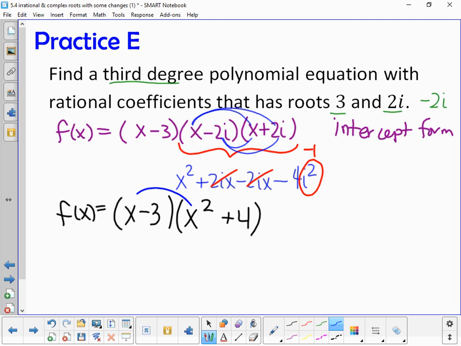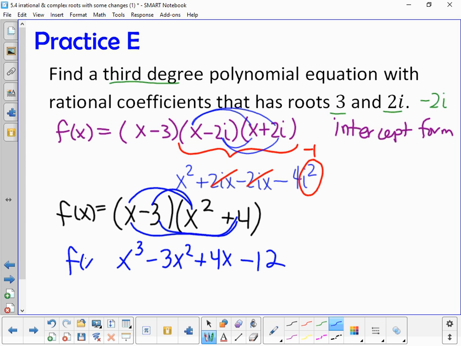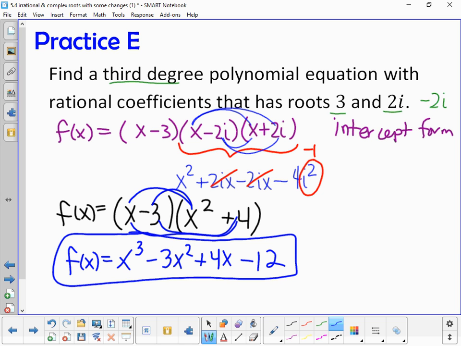So if we finish multiplying this out, we get x to the third minus 3x squared plus 4x and minus 12. So here is our function f of x, we'll call it. And that has all of the roots that we needed it to have.